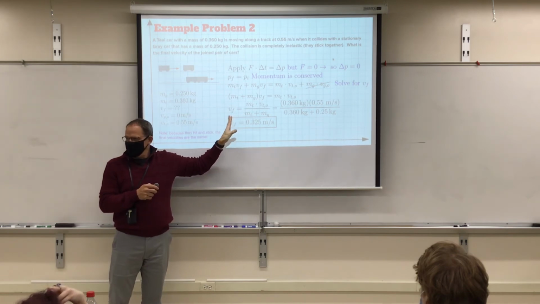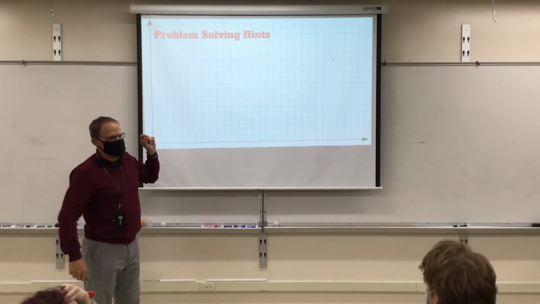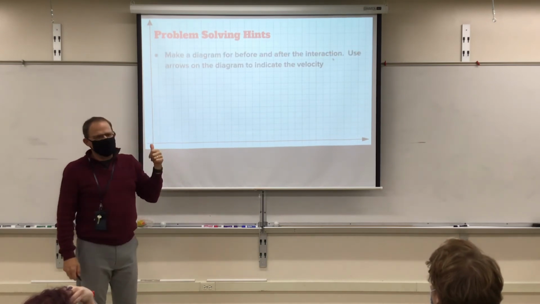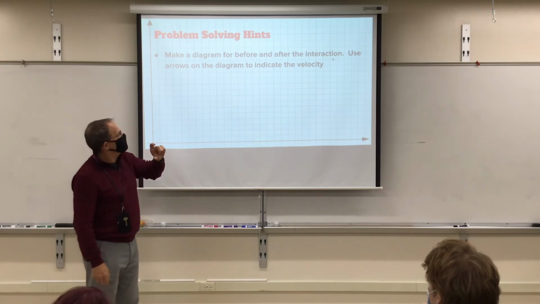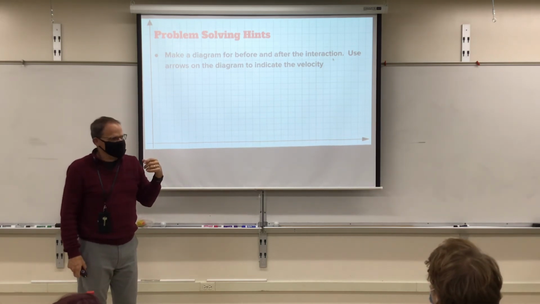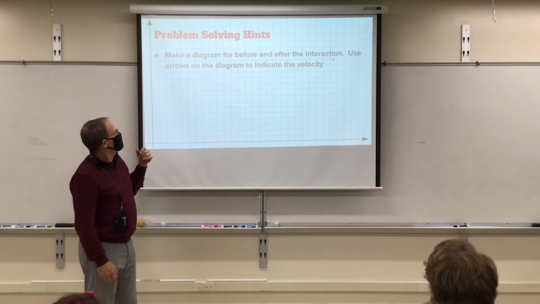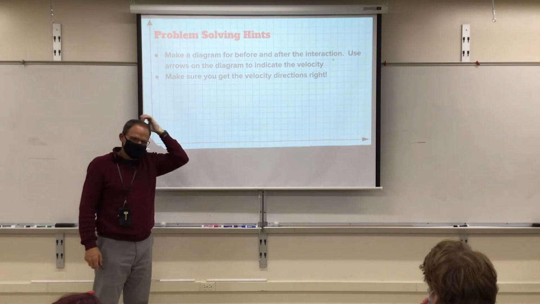Okay? All right, so when you guys solve problems, make a diagram before and after. Make one little diagram of before, and make another diagram after. Make sure you use arrows on the diagram to indicate the velocity. Make sure you get the direction for the velocity right.